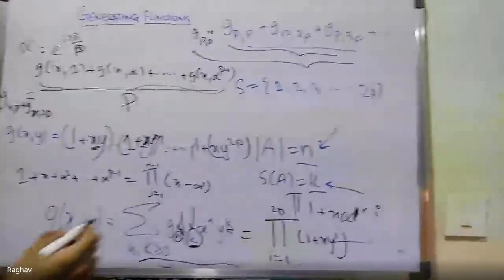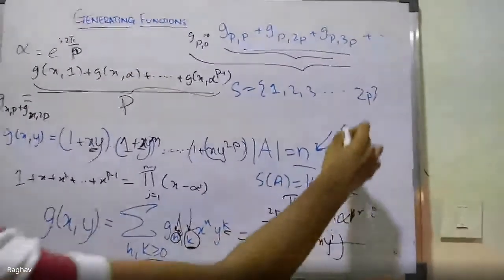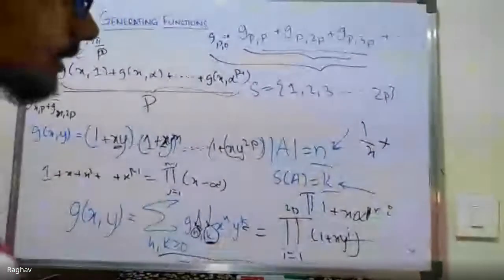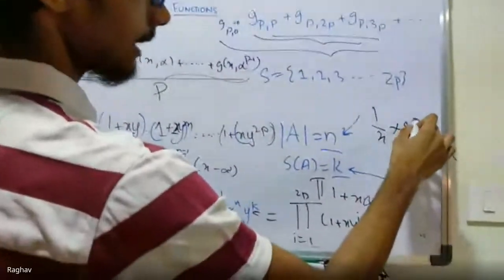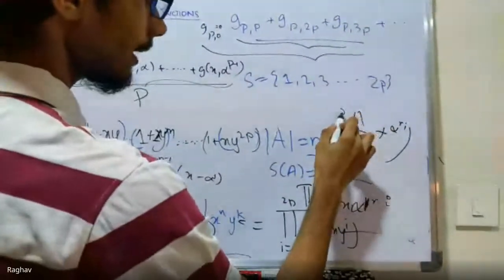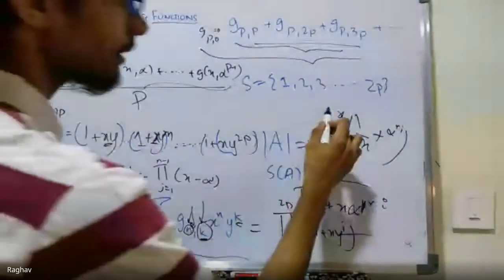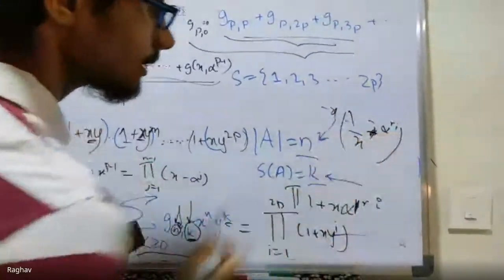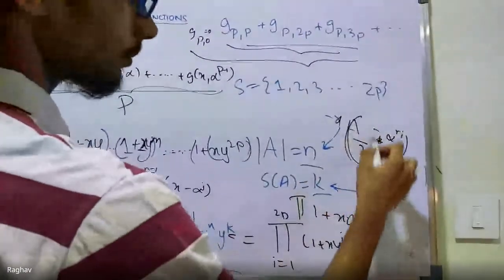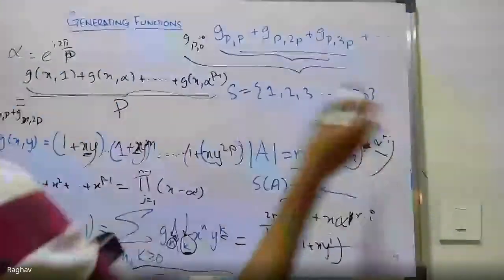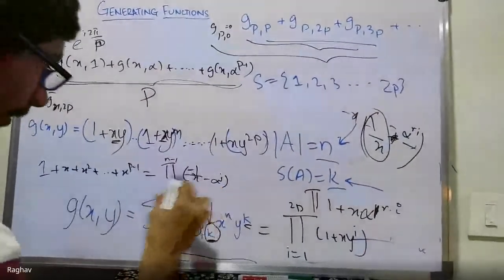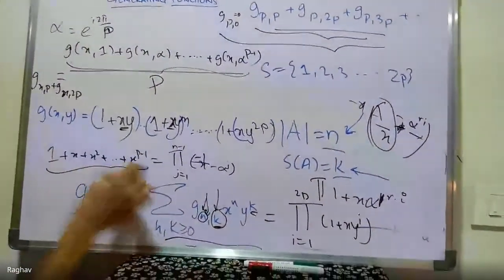So you just write this as 1 plus alpha to the power r times x. Now you also take a minus and do this. So basically it's minus 1 by x minus alpha to the power r. So you put minus 1 by x here and everywhere else minus 1 by x.